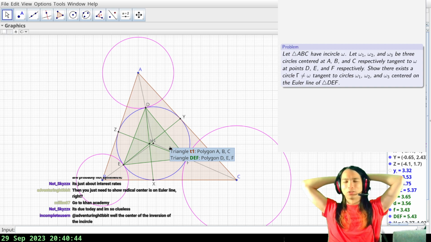I could just draw the radical center, right? In theory.